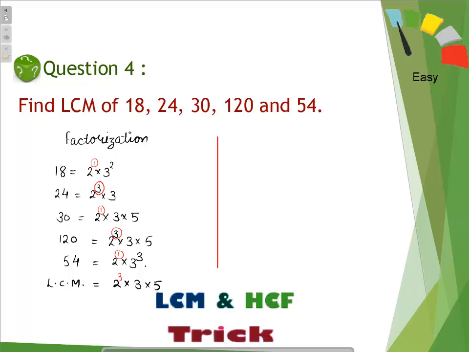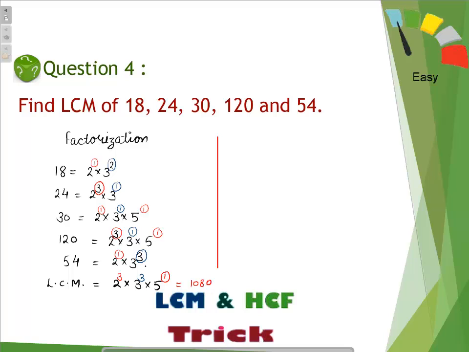Then the powers of 3: they are 2, 1, 1, 1 and 3. So we will select 3. Then the highest power of 5, which you can see is 1. So what will be the least common multiple? That is 2 cube into 3 cube into 5, which is 1080.